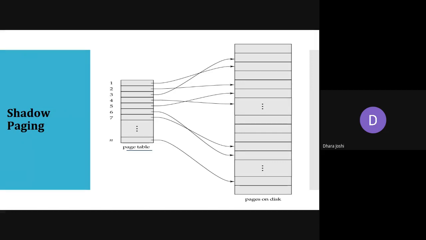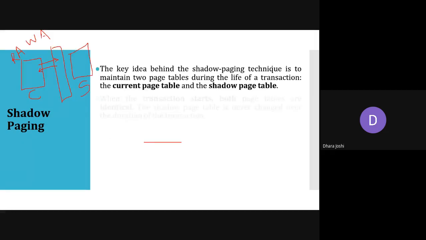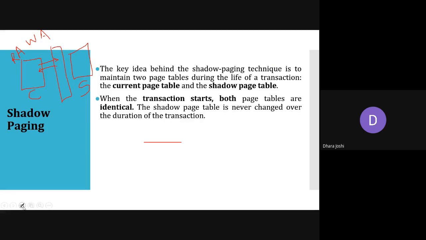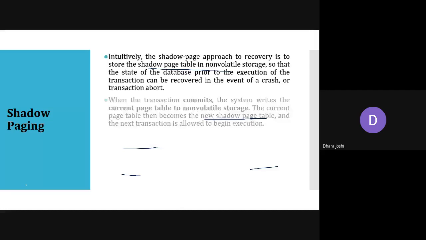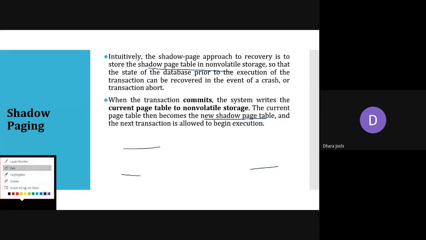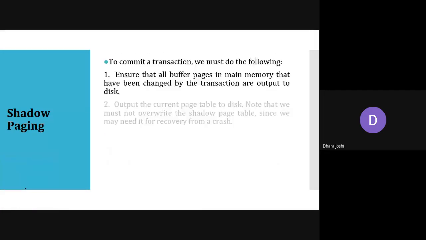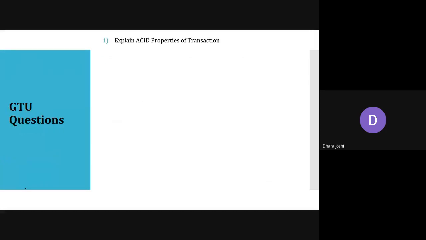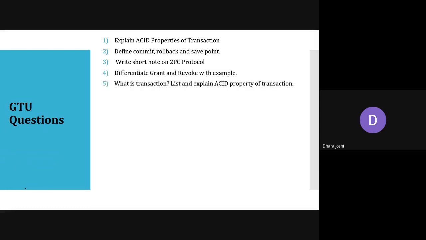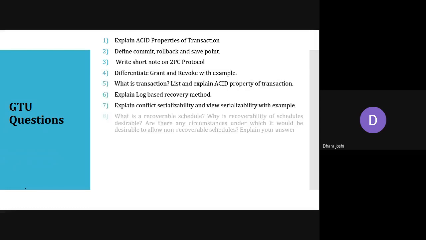Okay, I am showing you some questions from GTU from this unit, so you can take them as a reference. Explain ACID properties of transaction. Define commit, rollback, and savepoint. Write a short note on two-phase commit protocol, grant and revoke, log-based recovery method, conflict and view serializability.